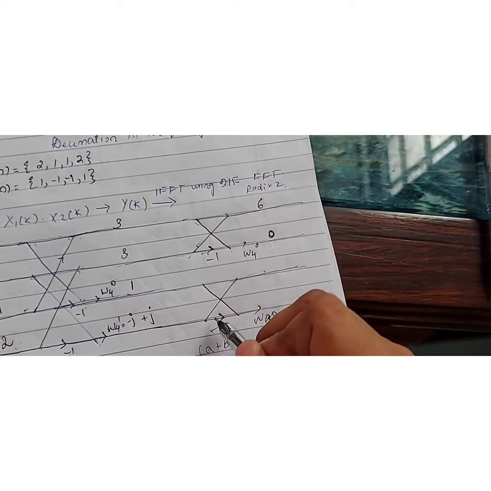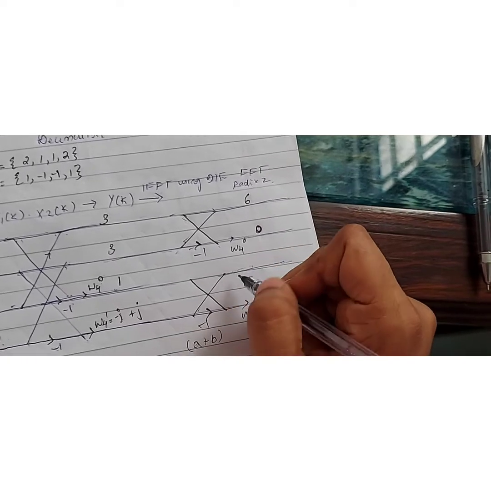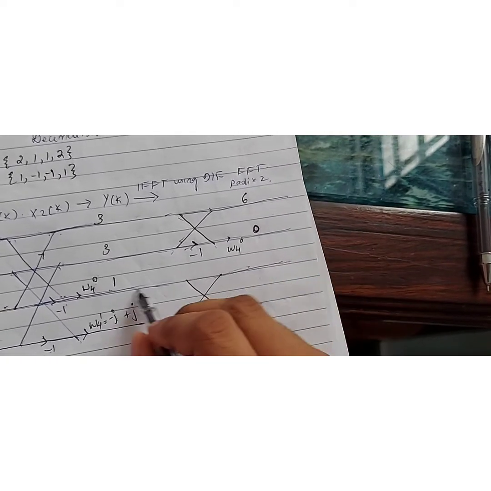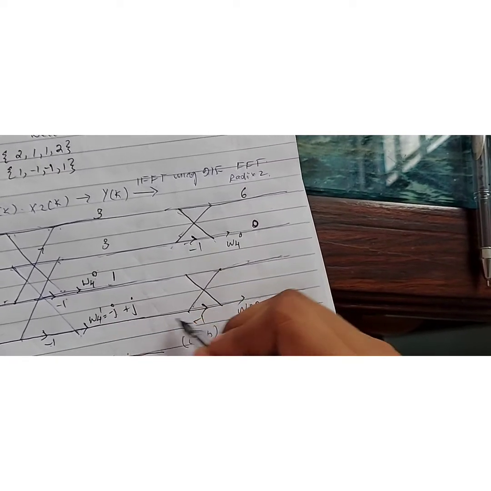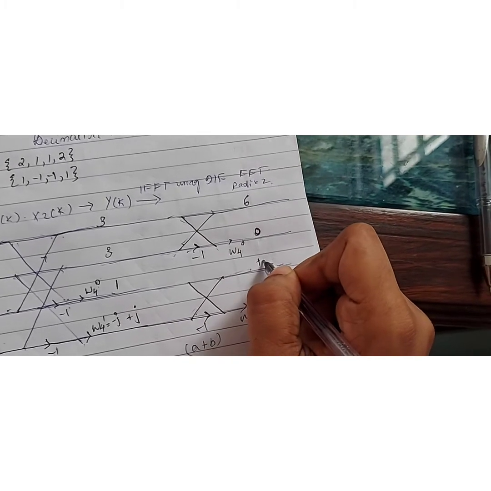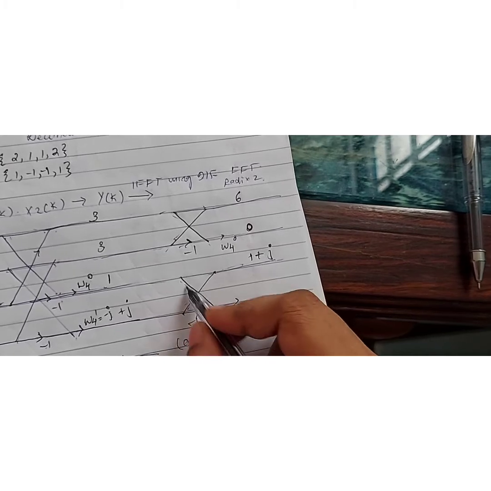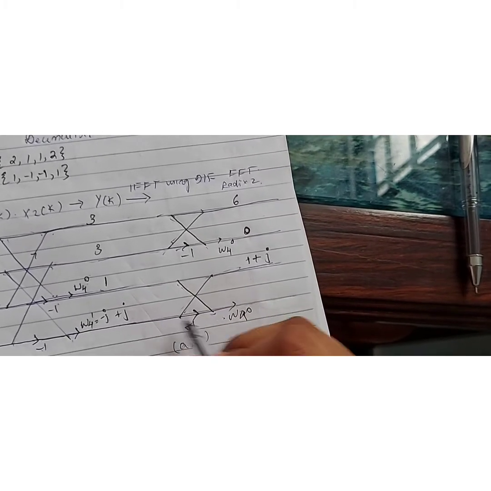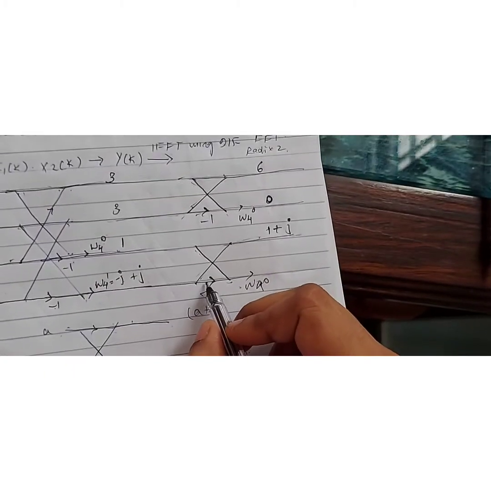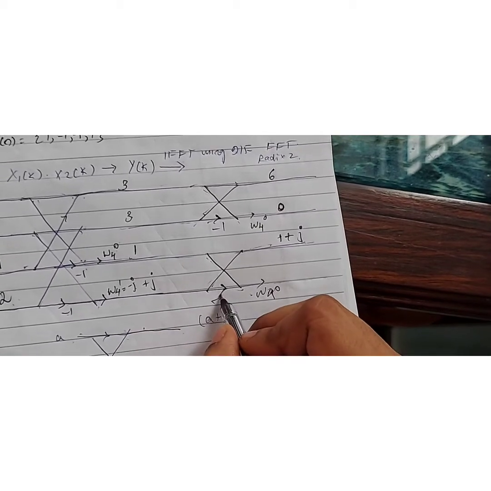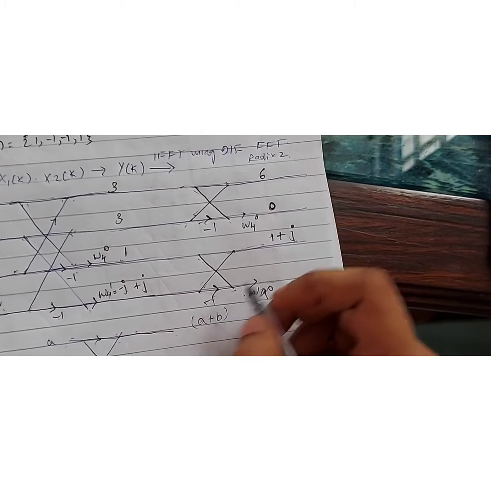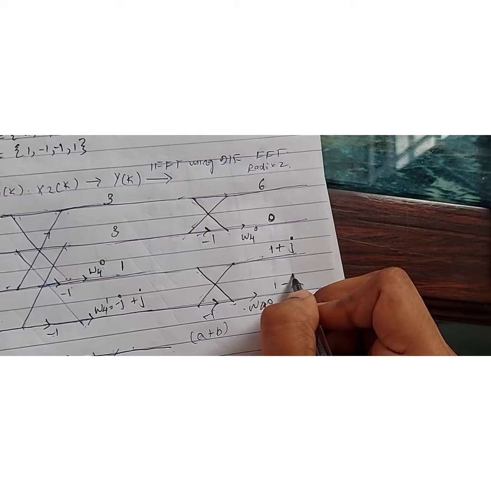This is 1 plus j. And here you have 1 plus j into minus 1. Plus j into minus 1 is minus j. So this is 1 minus j.